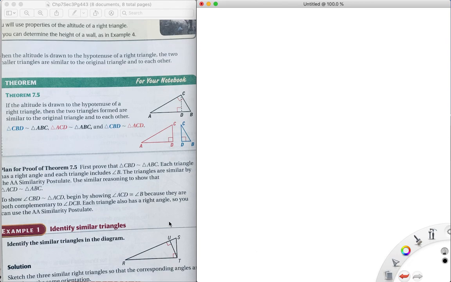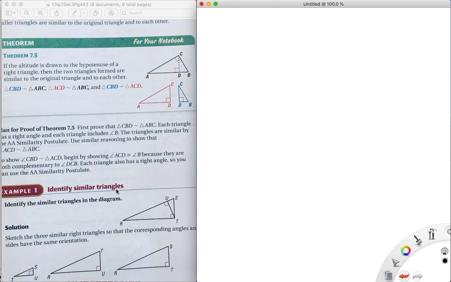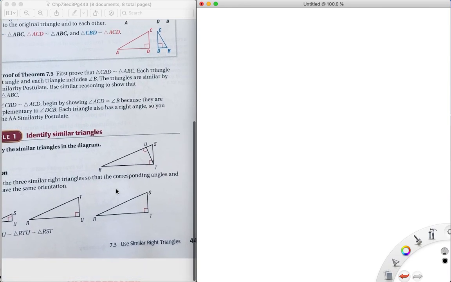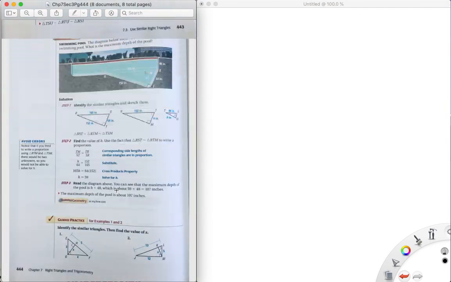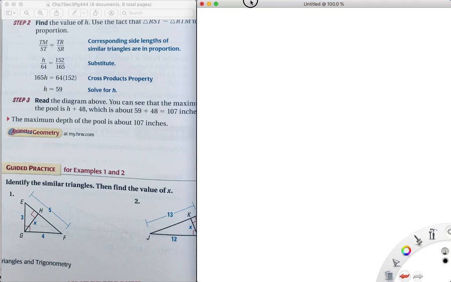Okay, so down here we have a situation where they wanted to find the value of x, and we could do that using similar figures and ratios, or proportions, because similar figures are proportional.